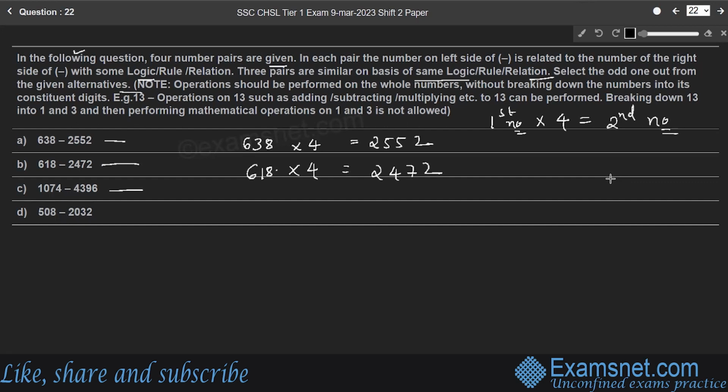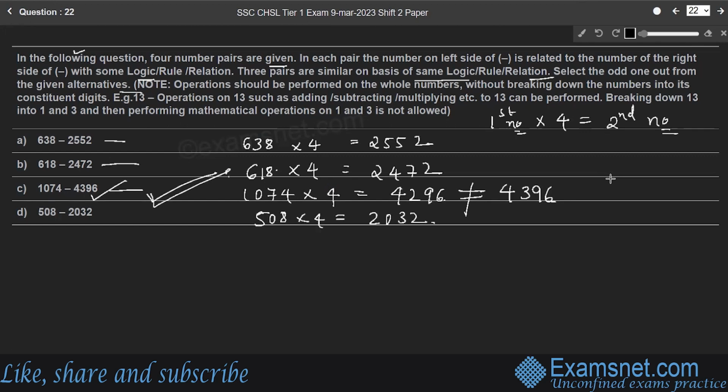Consider the third pair, 1074 into 4 gives 4296, which is not equal to the number given here, 4396. Therefore, option C does not follow the same logic. Therefore, option C is the answer. Whereas option D follows the same logic. 508 into 4 is 2032. Here odd one is option C.